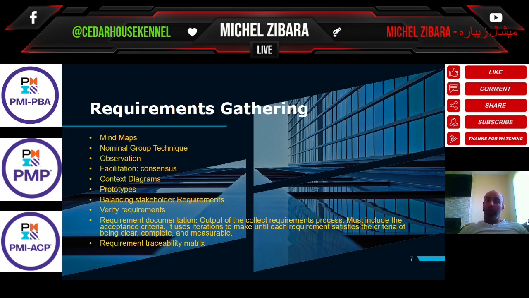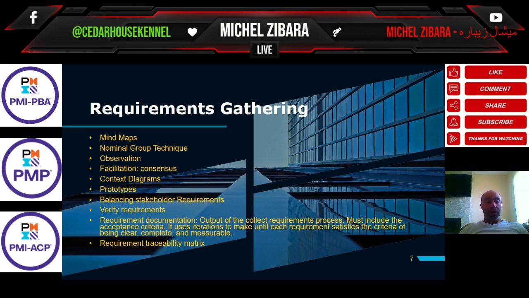Mind maps also can be used. Nominal group technique, which we've discussed earlier, can be used with brainstorming. Observation can be active or passive. By passive, I mean you just job shadow a staff member in an organization or a stakeholder without intervening in his or her work.